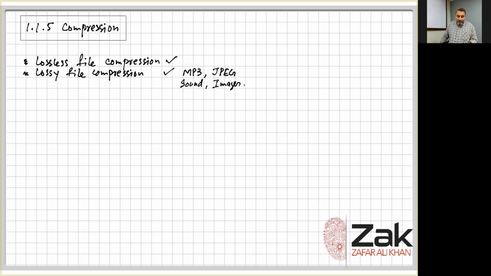So, lossless file compression is designed to lose none of the original data from the file. And one of the techniques that we are going to discuss today is run length encoding, which we generally call RLE.